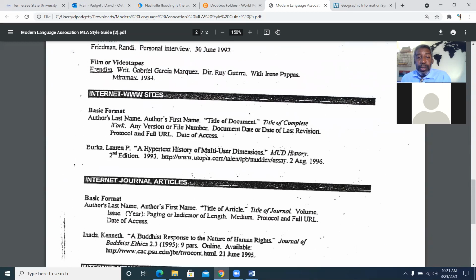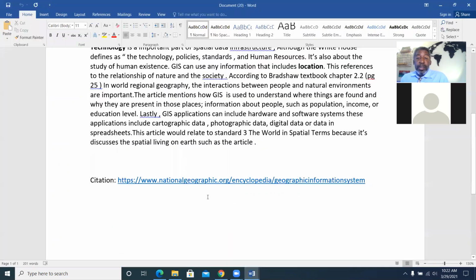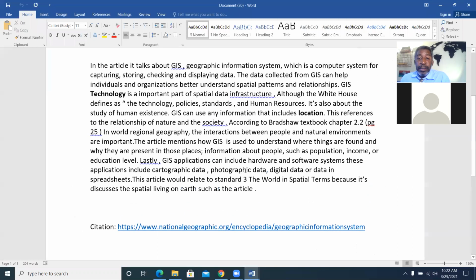So here is a very specific guide for citing in MLA style. So yeah, that citation is there, but it should be in MLA style, basically.